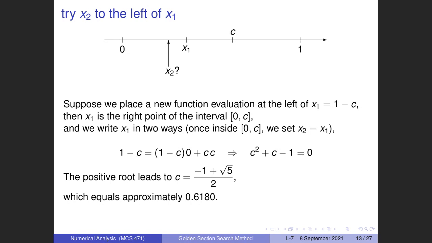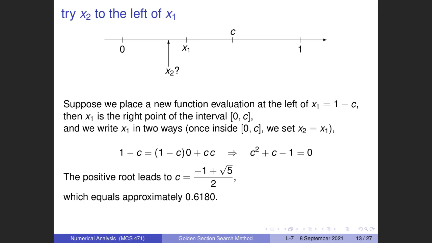That leads us to a quadratic equation, which we can solve exactly. This shows that the reduction factor is approximately 0.6. Not as good as the bisection method, where we have 1/2, but it is very close to it. So that is the mathematical definition of the golden section search method.